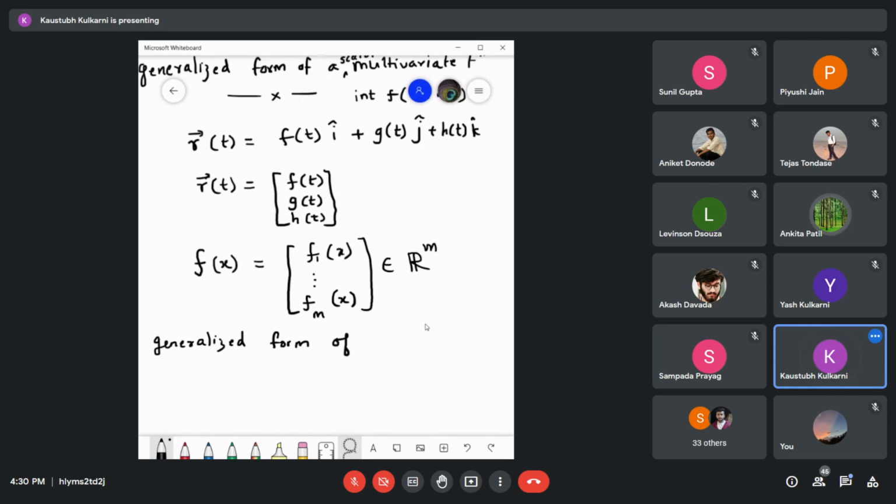Now this is the generalized form of a vector multivariate function. Oh, sorry, univariate, I'm sorry. This is a vector univariate function. Still, we have only a single variable, that is x.